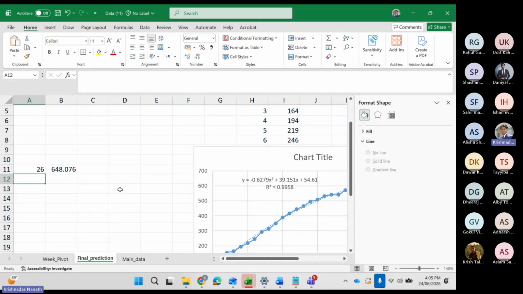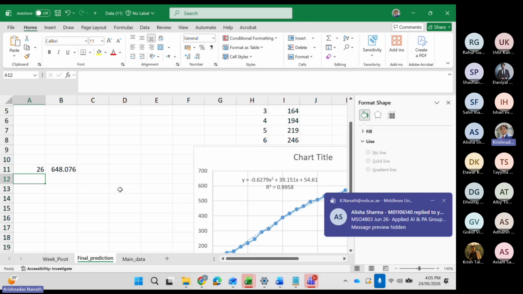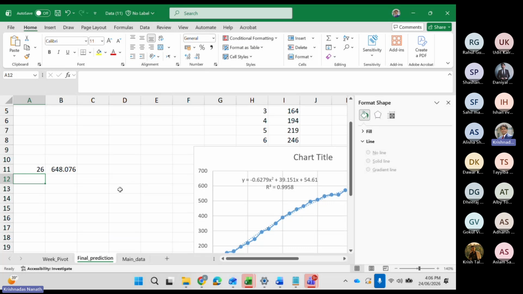It's not a horrible prediction. Again, hinting that what I'm doing is correct, which means R square is better, the fit is better, everything is good, the prediction is not absurd. But the problem is how do I explain this? My short-term vision of what the trend is actually doing.